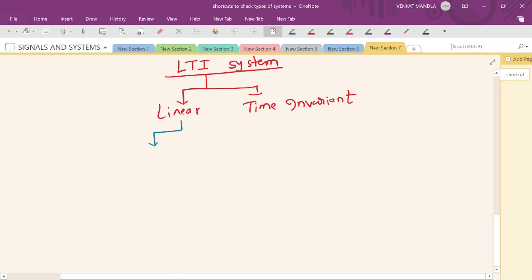Linear means it has to satisfy two properties: one is homogeneity and the other is superposition.